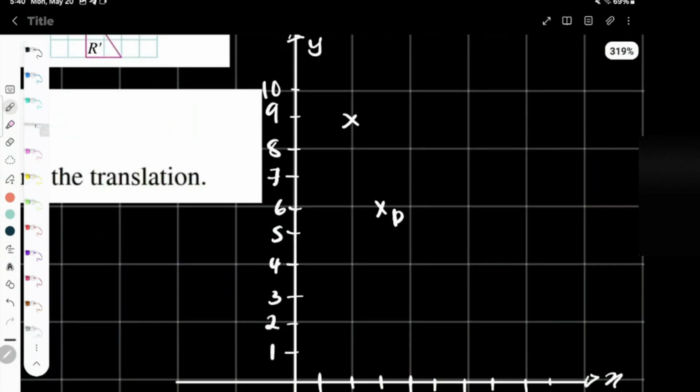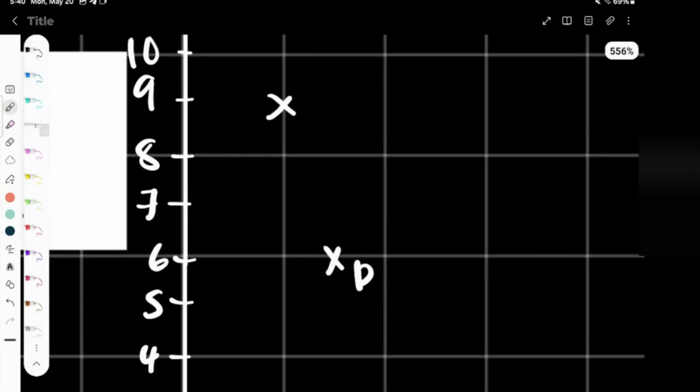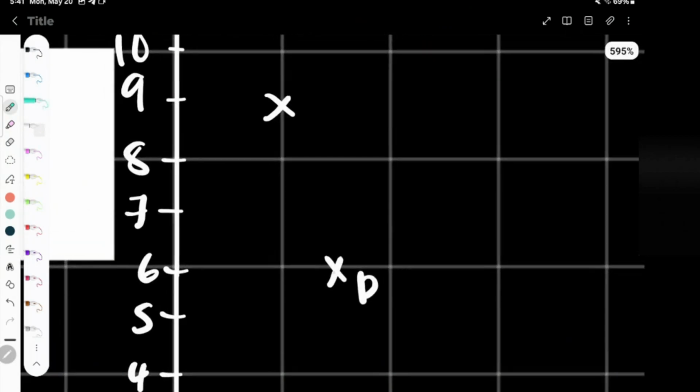You have to understand the basics of translation, which is you move in x first. So how do you get to this part here? You just move by 1, so -1. You already found the first translation. And then in y, how much does it move by?